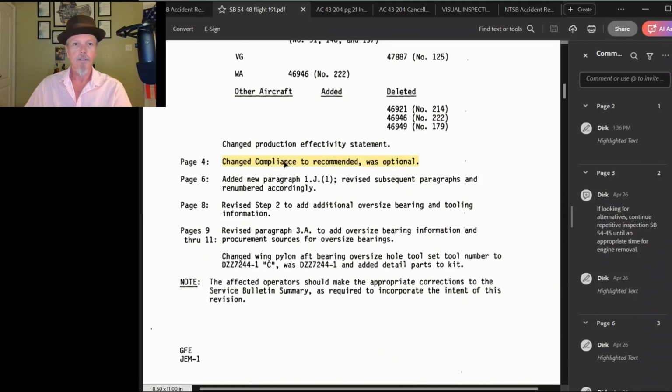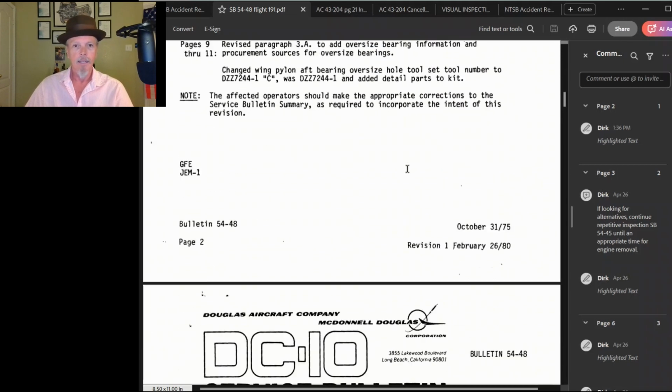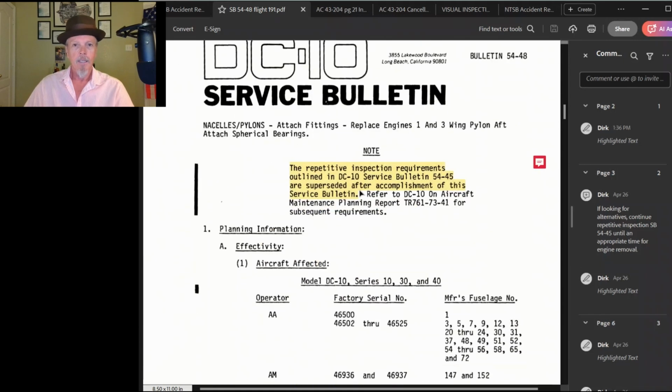So the first, they changed this compliance to recommended, and it was optional. So they recommend doing this now. It was optional. You can do it if you want, but now we recommend it. So the repetitive inspection requirements outlined in DC-10 Service Bulletin 5445 are superseded after accomplishment of this service bulletin.